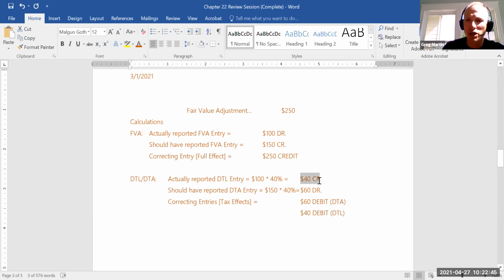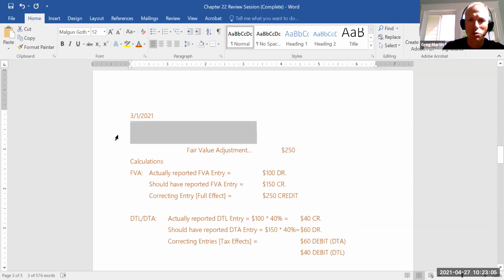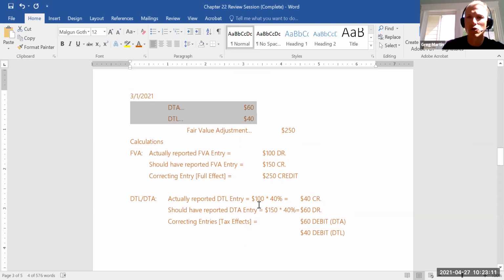In other words, we have to get rid of this $40 credit, and we need to create a $60 debit. So again, the $60 debit to the DTA and a $40 debit to the DTL to get rid of the incorrect balance in that account. So there are two journal entries for the DTA, DTL for the tax effect. When we put those together, we can see the DTA 60, DTL 40, again to correct the mistake that we made.